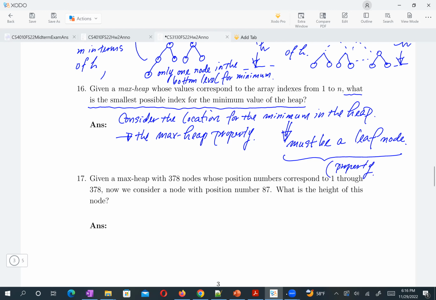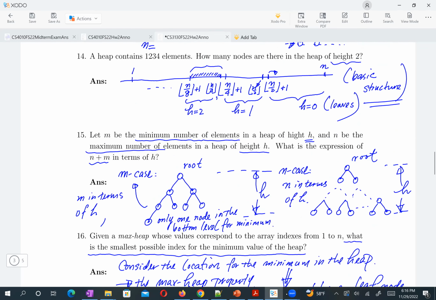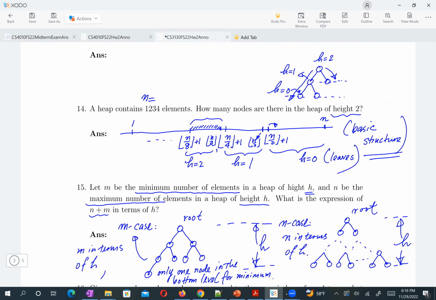Okay. Then with this property, we can find the answer. Here we know this minimum node must be one of the leaves in this heap. Then we go back to this diagram. That's what I say, this diagram is very useful.